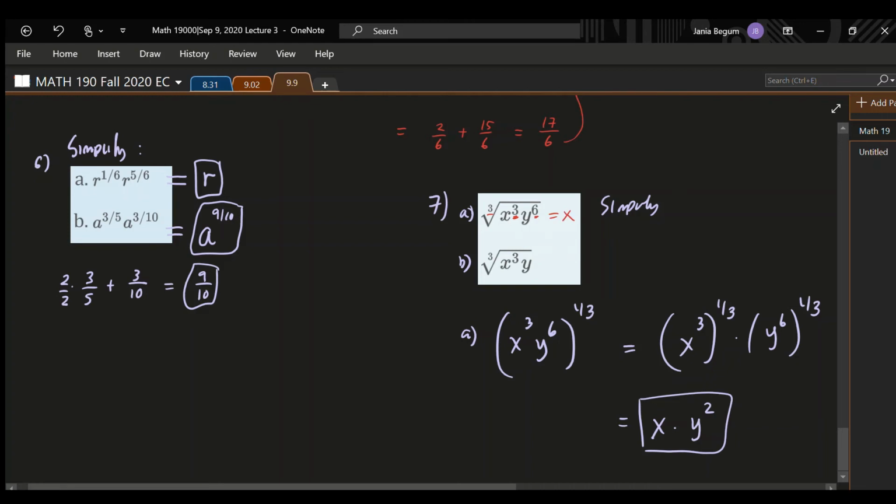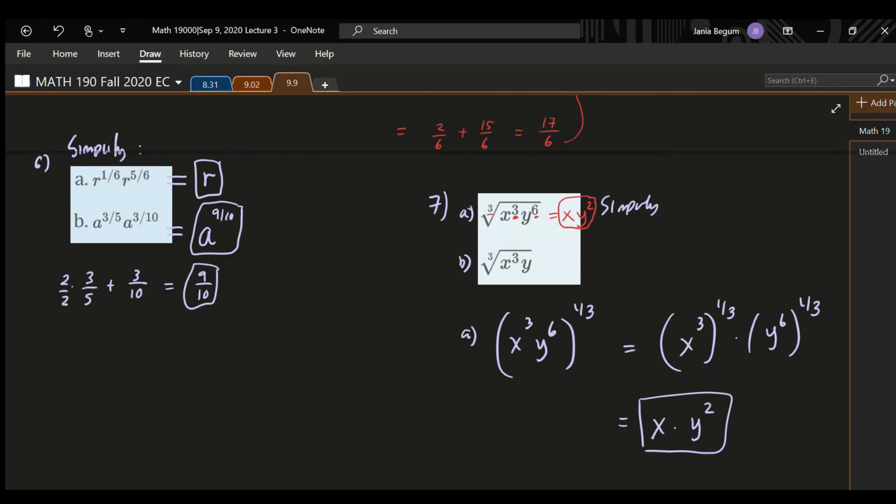And then y to the sixth divided by 3, that's y to the 2. So you can also do it mentally or show work as I have done for the first part. Any questions on this? Now try out the second part on your own, and then I will go over it with you.